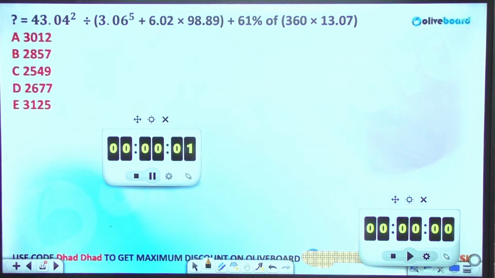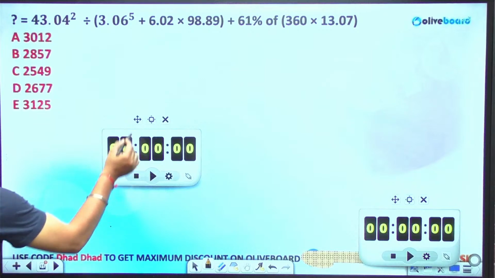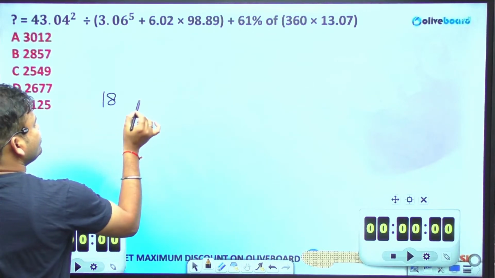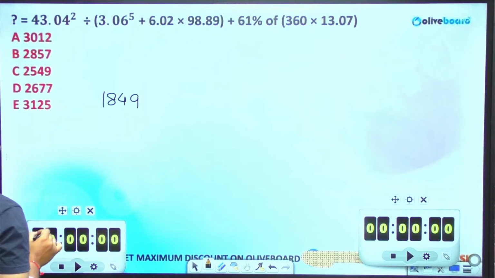What about this? This is almost 43 square. 43 square is 1849.